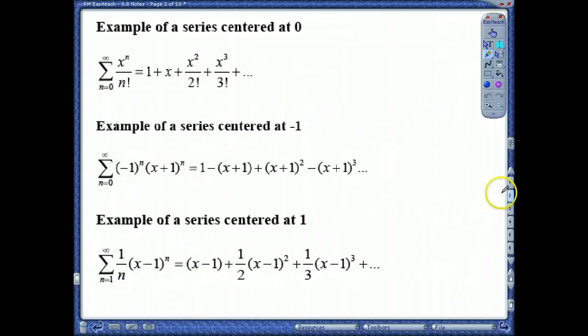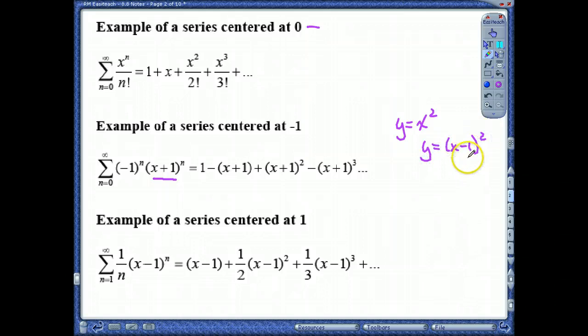To give you an example, I've given you an example of a series centered at 0, so look at what we've got here. This is an example of a series that's centered at -1, so look at your x being taken to the nth power. It's x plus 1, very much like when we did parabolas and we had x squared or y equals x minus 1.